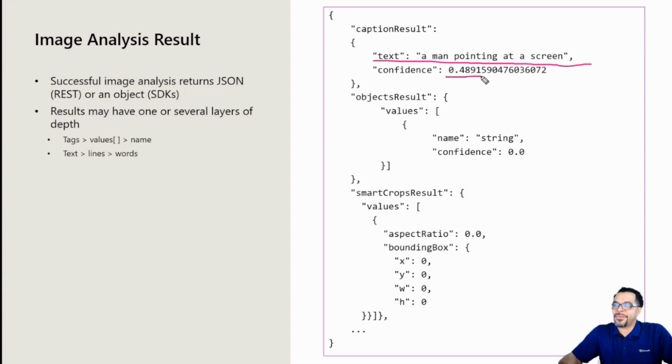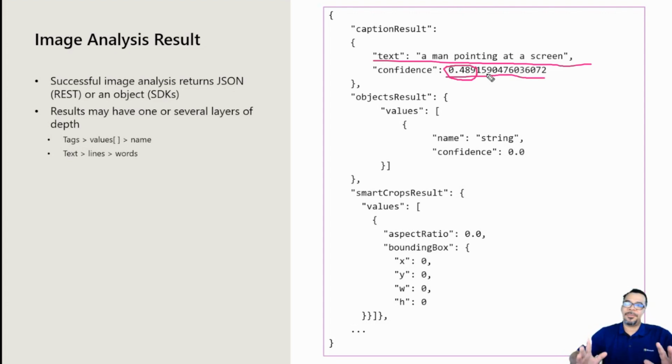Now you'll notice there's a confidence level. Think of the confidence level as the probability of accuracy. How confident is the AI model that it responded accurately? In this case, it's at about 49%.